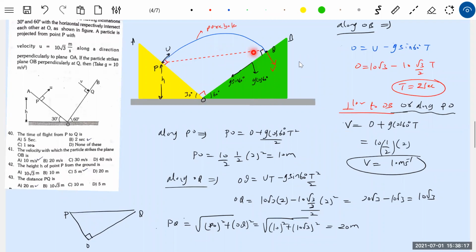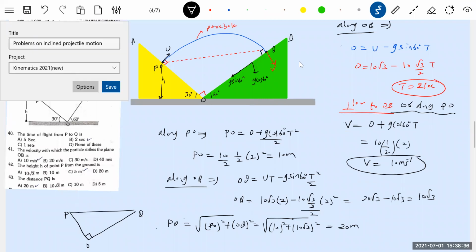Triangle OPQ is a right angle triangle, and PQ is being asked. Applying Pythagoras theorem, we get the answer. I think such numericals may appear very difficult, but it becomes a little easier working along the incline, parallel to the incline. So there is a very generalized method we should follow here.